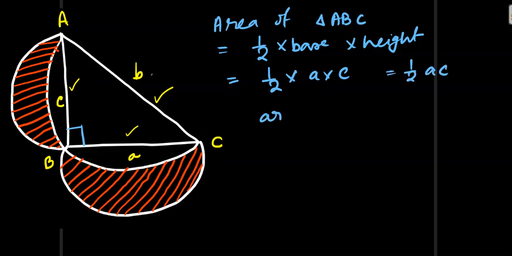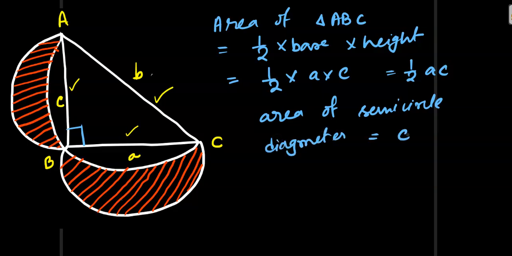Now the area of the semicircle whose diameter is C. So the radius is equal to C by 2. Now the area of the semicircle is half pi (C by 2) whole square.